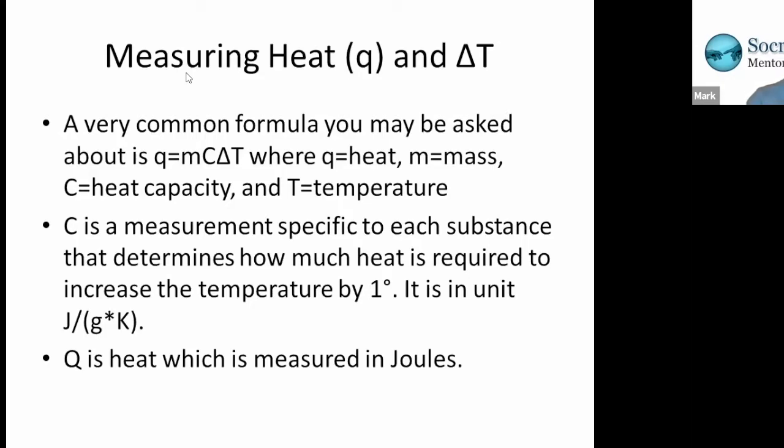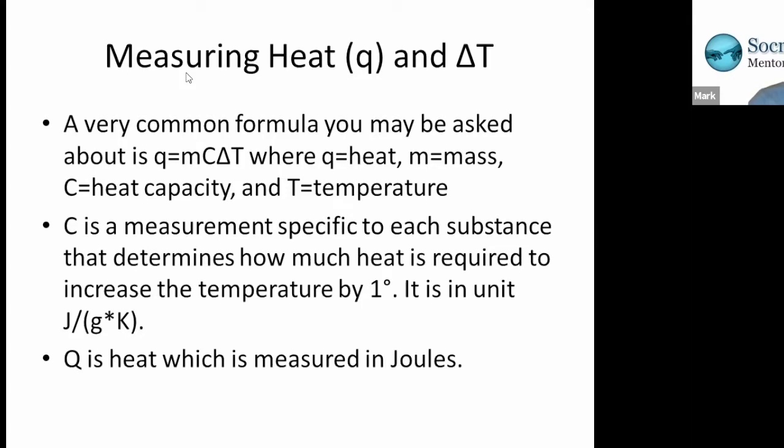You need very little joules of energy to get it to increase by 1 degree, right? So if it had, say, a heat capacity 5 times lower than water, if you apply the same energy to a piece of water and a piece of iron, the iron would go 5 times higher. It would change the temperature 5 times as much as water, right? It would change the temperature much more easily.